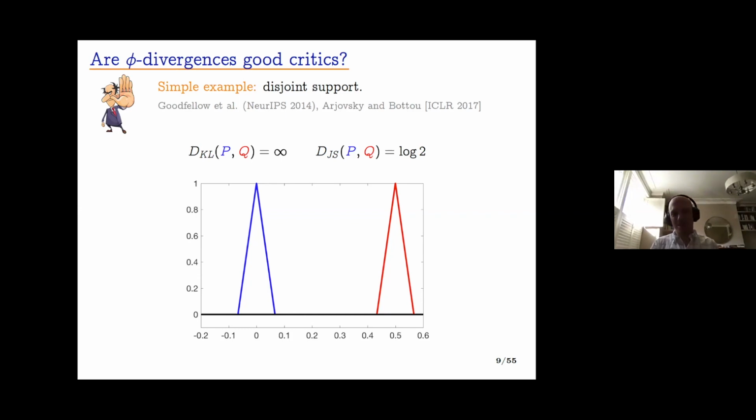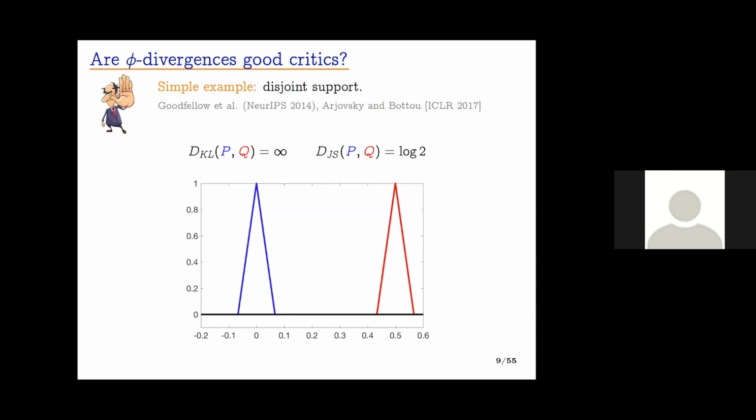Léon Bottou and his co-authors made very strong arguments in that direction. When the supports of P and Q are disjoint, then the ratio of the densities isn't well defined.